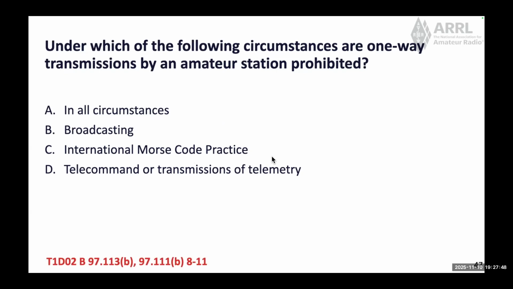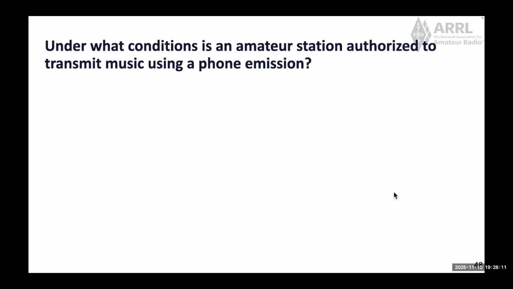You can do Morse code practice. You can transmit telemetry. You can have a station that's transmitting. So that's not in all circumstances, but in broadcasting, because you've got two circumstances here where you can. So it's kind of a trick, but broadcasting you're not allowed to do.